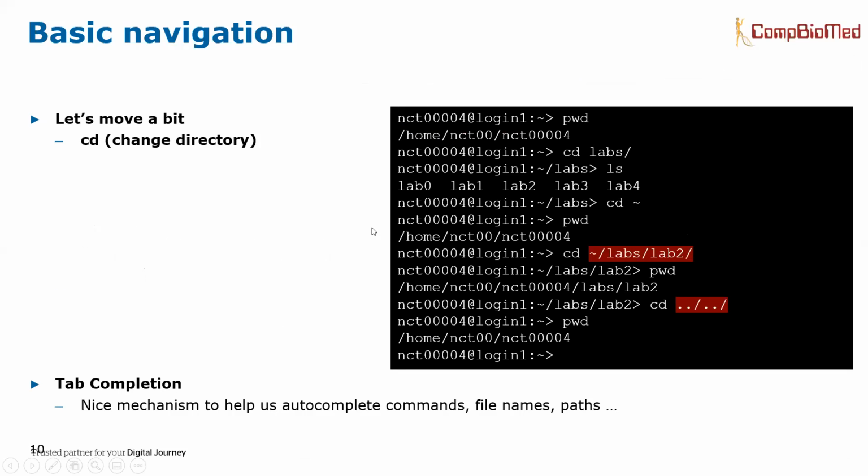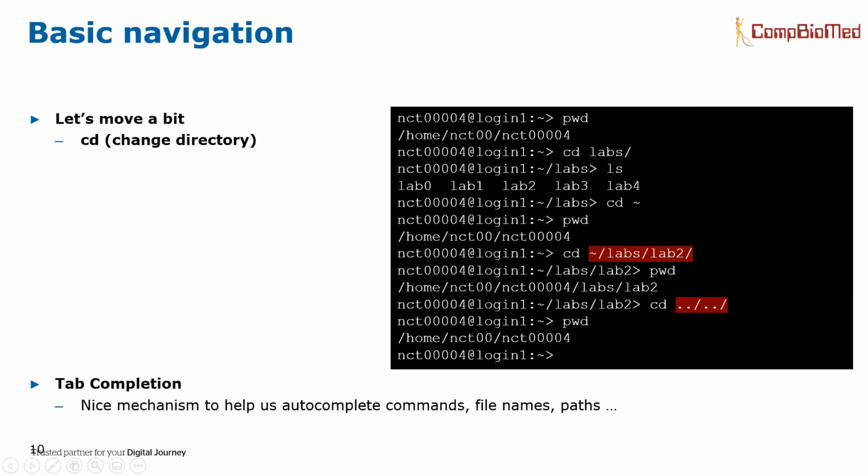So I have showed you how you can see where you are using the command print the working directory, pwd. You can change directories using cd, which stands for change directory, and it will allow you to move from one directory to another.